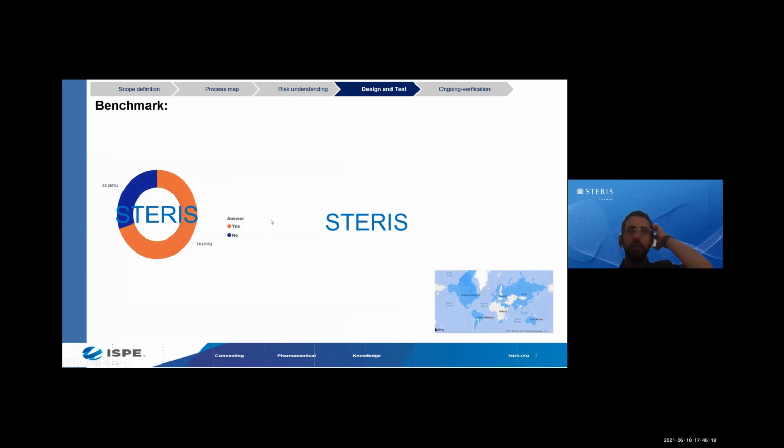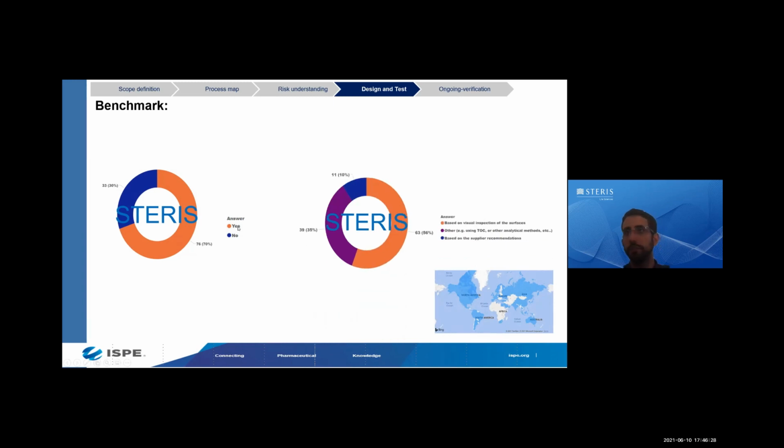So now if we look at the practices, 70% of the people who answered the poll say that they have a residue removal program, while 30% say no. 56% say it is based on the visual inspection of the surface. Others say that it's based on other types of analytical methods, such as TOC or other non-specific analytical methods.